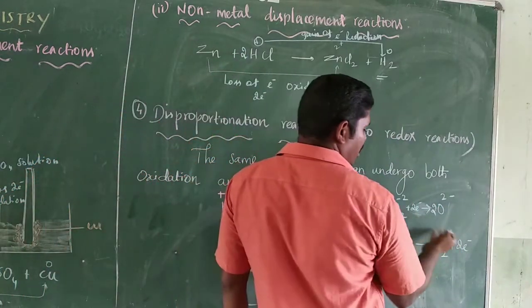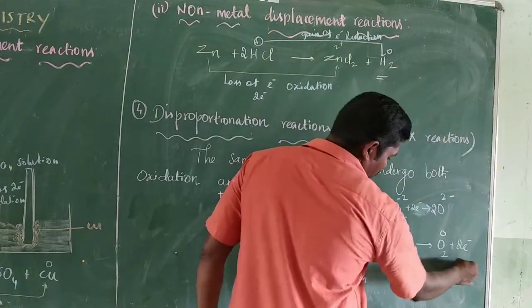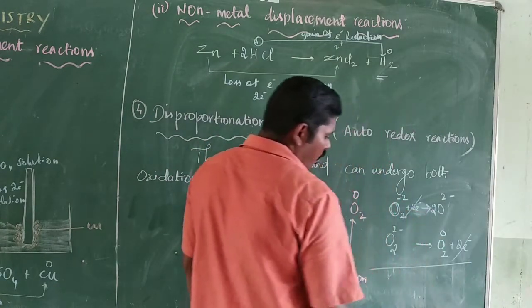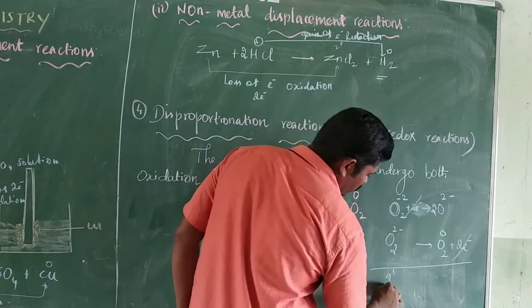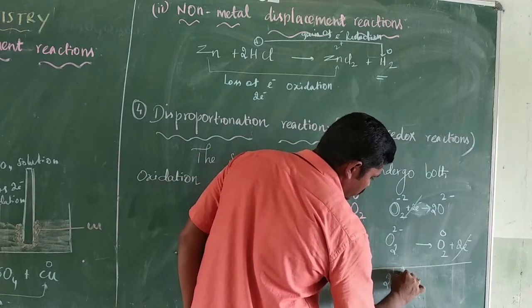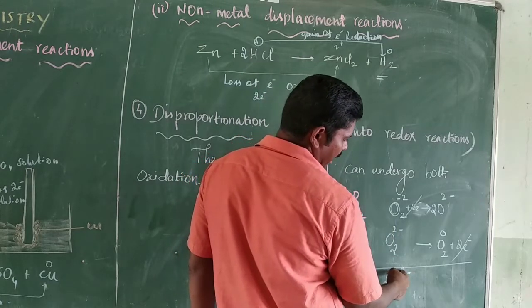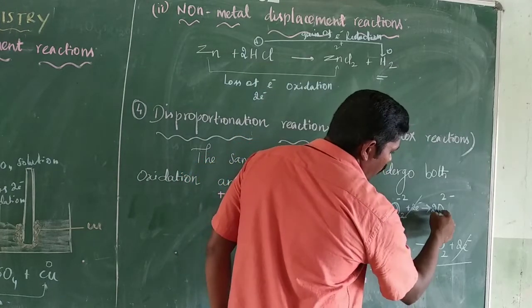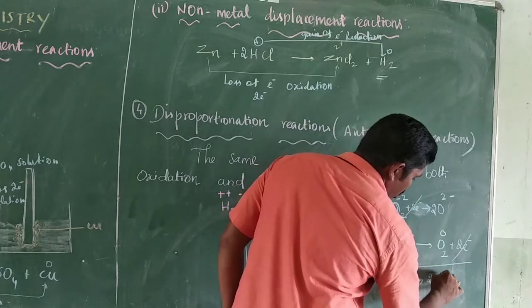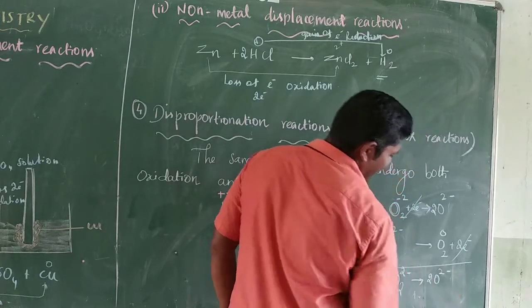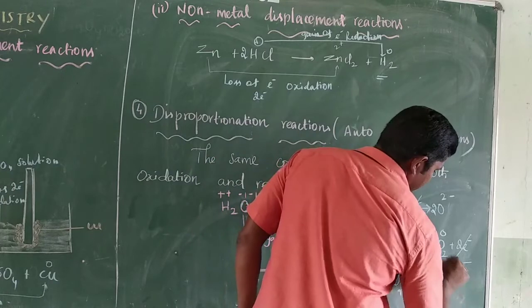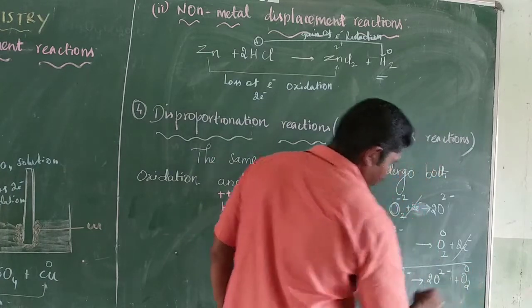The loss of electrons and gain of electrons must be equal. So 2 O2 2 minus will give 2 O minus 2 plus O2 0.